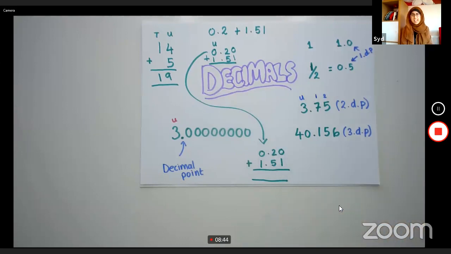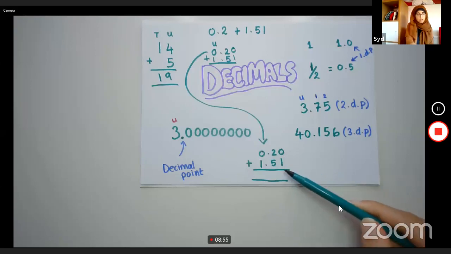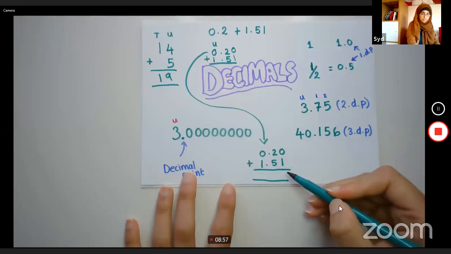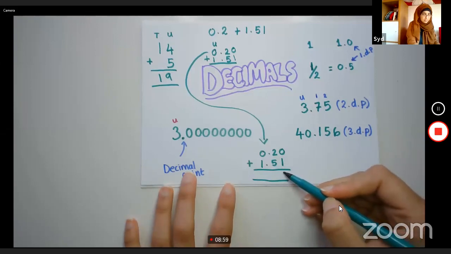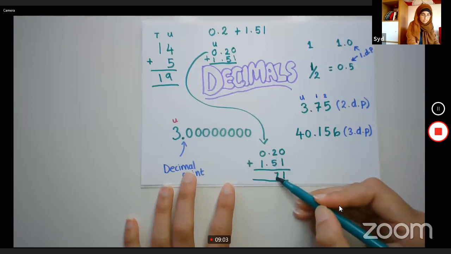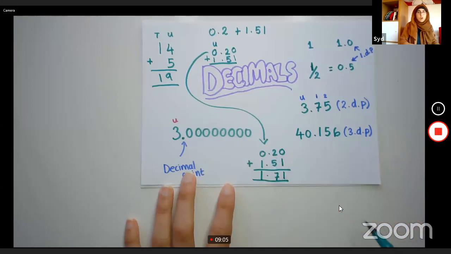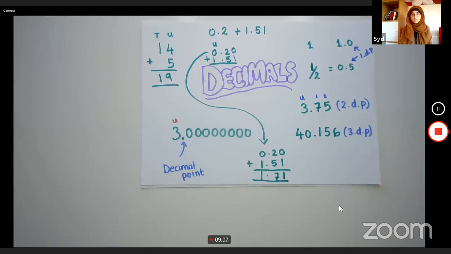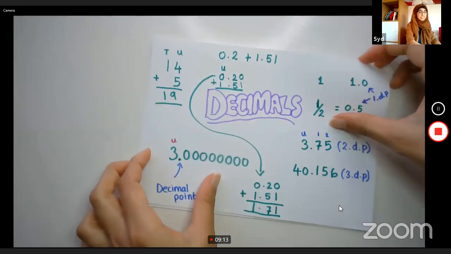Okay, what is the answer to this? 0.20, 1.51. Who knows how to do that? We do 0 plus 1. What does that give us? Brilliant, we've got an answer already. 5 plus 2, 7. That becomes 1.71. Okay, notice I don't say 71. So there's a couple of things we need to notice when we're dealing with decimal places.